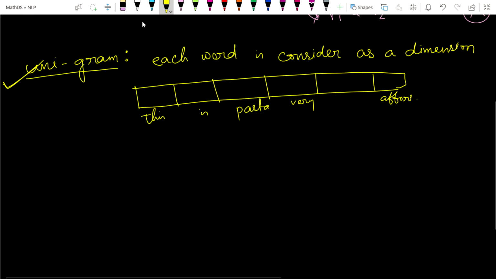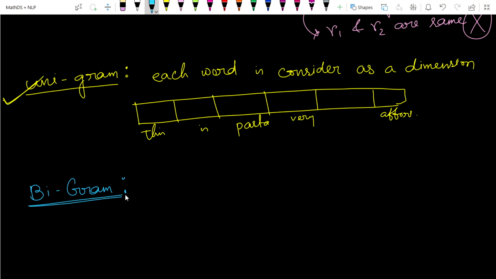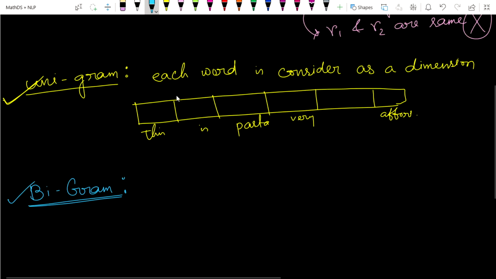Now the bigram will look like this. Instead of considering each word as a single dimension, here we will consider a pair of words as a single dimension.